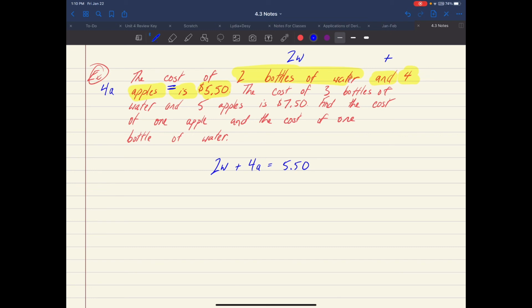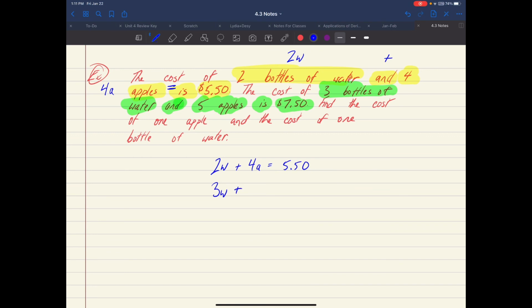For the second sentence, it says the cost of 3 bottles of water and 5 apples is $7.50. That's the same exact setup. So 3 bottles of water, again I'm using W instead of B, so I'll just say 3W.